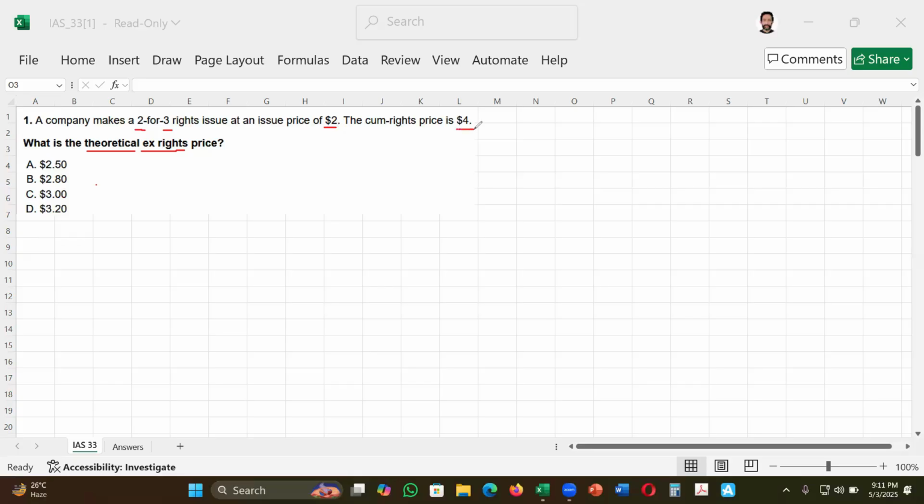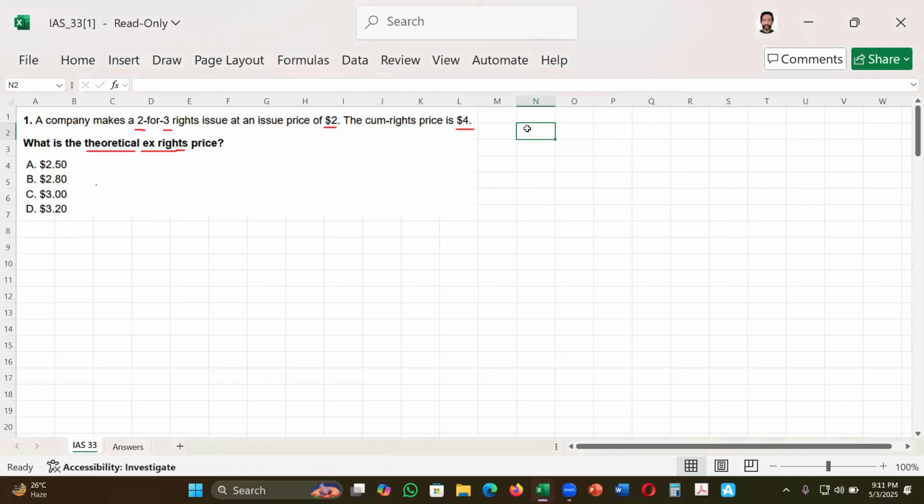So when this rights issue was made, the market price of the shares was $4, whereas the rights issue was made for half the price. So this is quite a significant encouragement for the existing shareholders to go for the rights issue. Let's see. This is a very simple calculation, and we will have a good understanding of how to deal with the calculation of the theoretical ex-rights price.